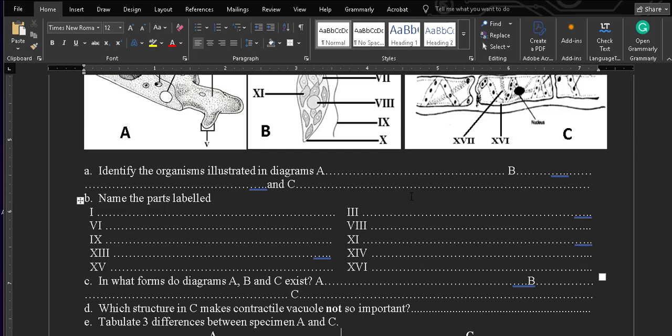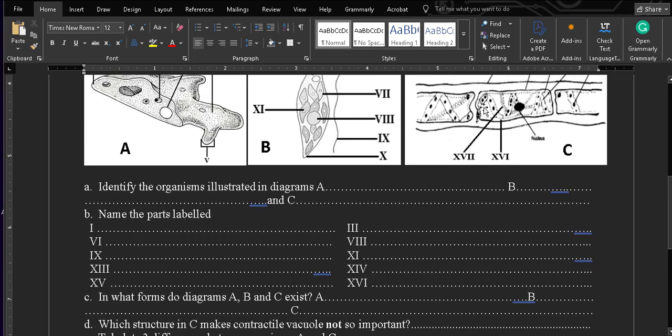Osmoregulate, that's regulating the amount of water. So if C has a limited contractile vacuole or none, what structure will it have that makes the work of the contractile vacuole less important?